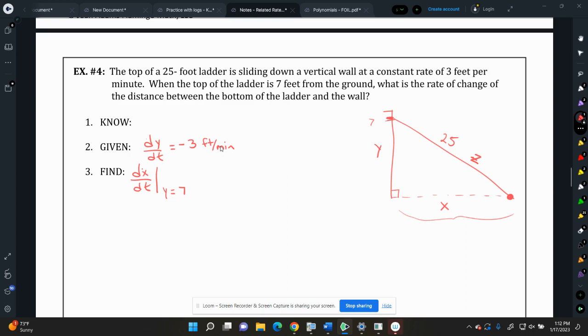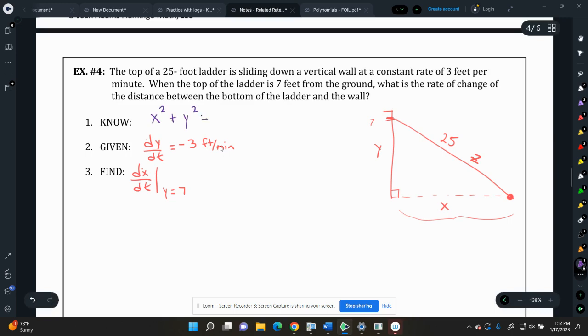All right. What do we know? This is a triangle. And we know that in a triangle, x squared plus y squared equals z squared.